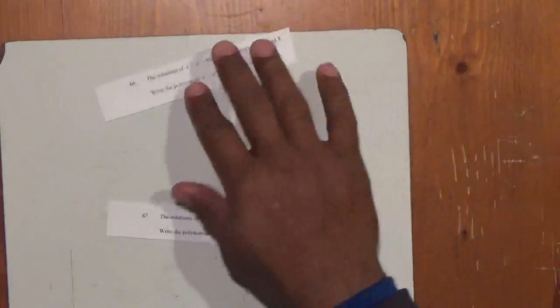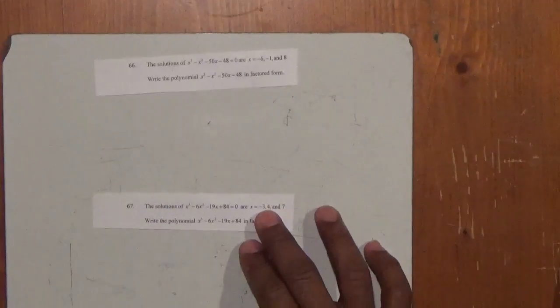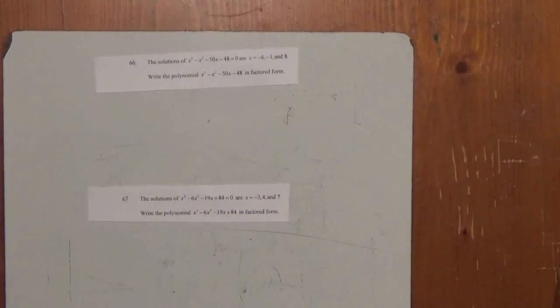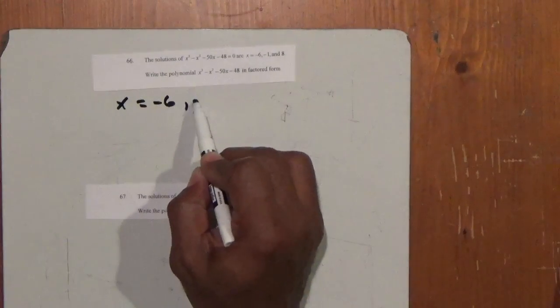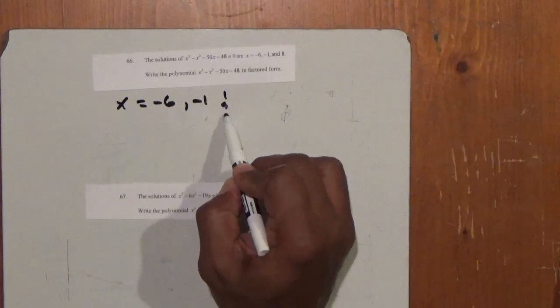Number 66 and 67 are two quick problems. Shouldn't take you much time with them. It says the solutions of the polynomial are x is equal to negative 6, negative 1, and 8.